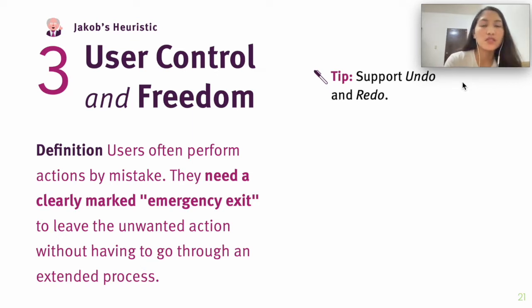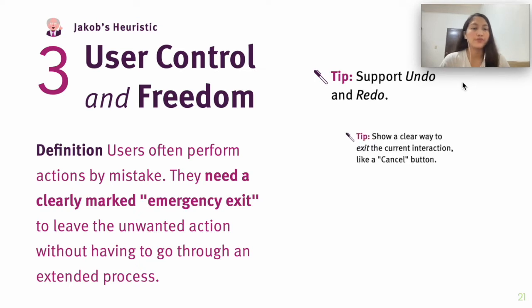So to do this, syempre dapat i-assume natin na mag-make ng mistake yung users natin. You have to support undo and redo. This is very helpful, especially sa mga video editing, image editing apps, kasi pwedeng ayaw nila ng effects na yon. So you have to give them the option to either undo or redo actions.